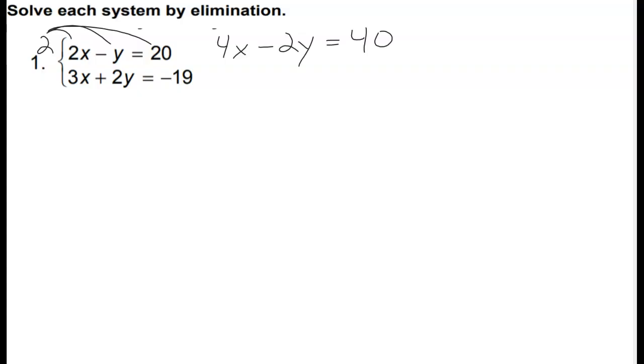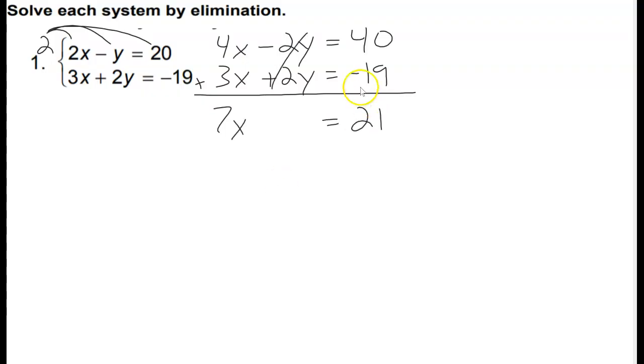Then we rewrite this same one and add vertically. 4 plus 3 is 7, and the 2y's cancel out like we want, and 40 minus 19 is 21.